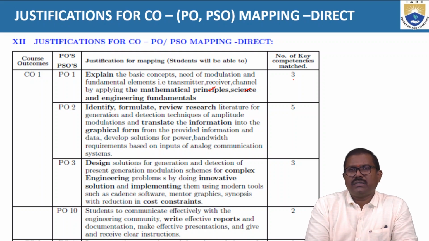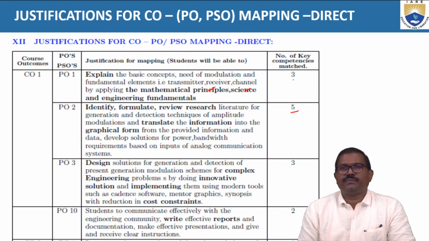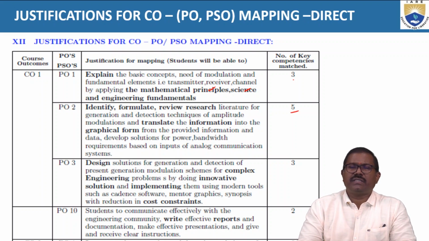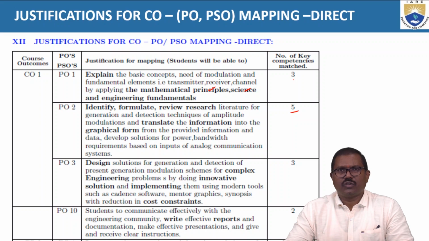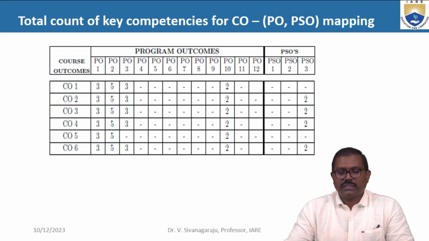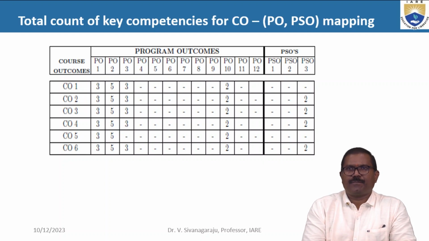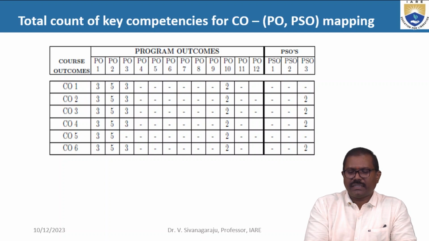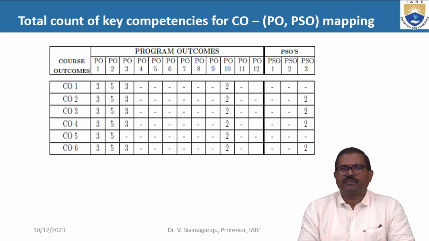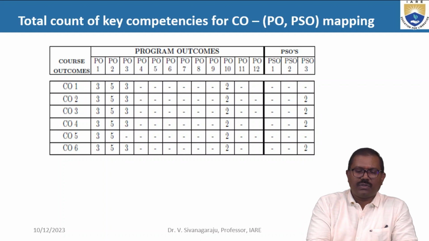Again, coming to the second PO: identify, formulate, review research, translate information into graphical form. So 5 key components are used. Based on these key components, we have some weightages. The total count of key components is used for CO-PO mapping, with 6 COs, 12 POs, and 3 PSOs. How many key components are used? 3.